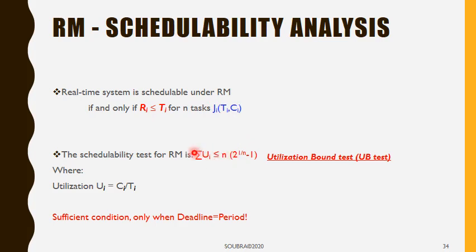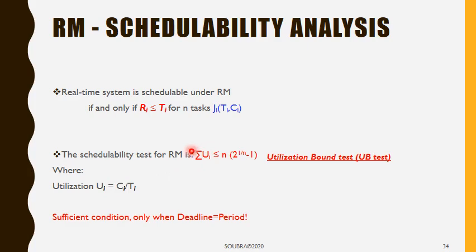The U means that it's the computation time over the period of some task. This is what we call the CPU utilization, and usually it's a ratio, a percentage.